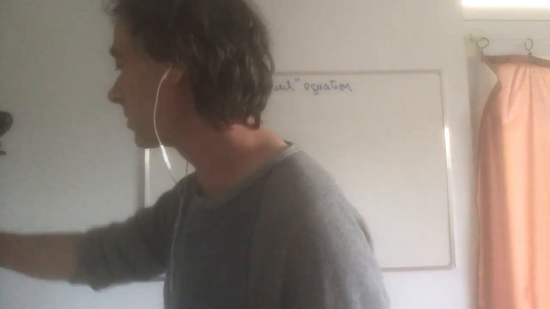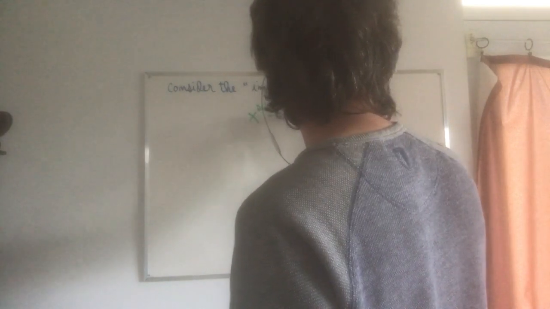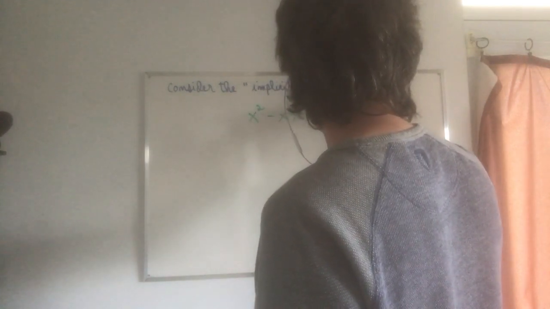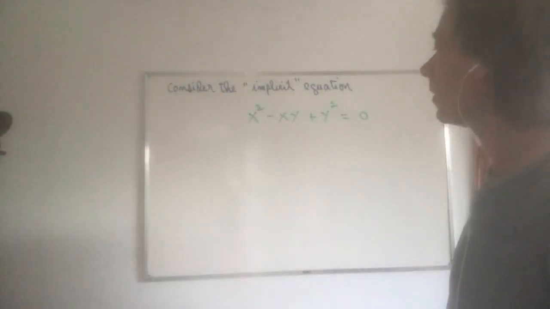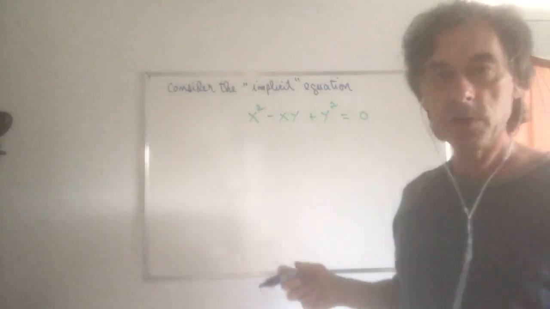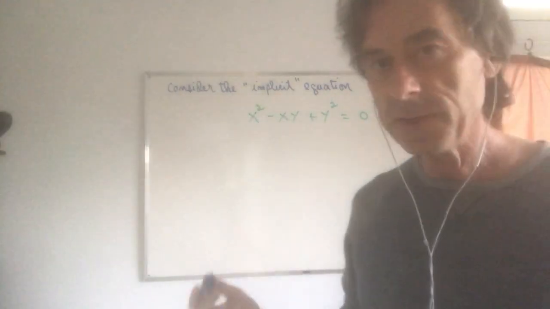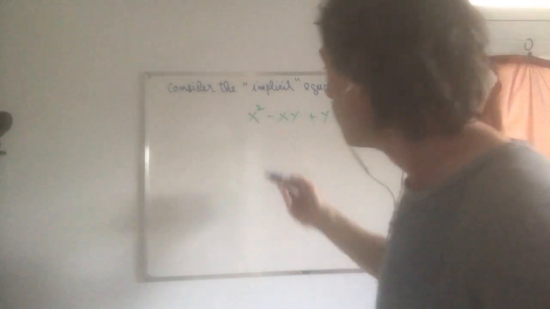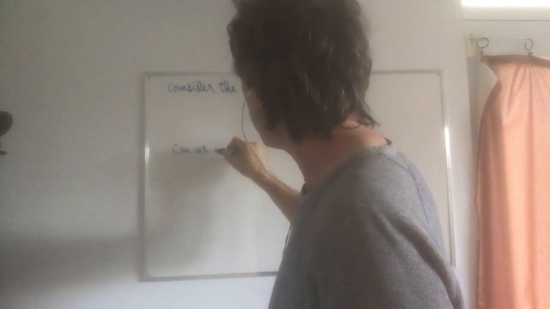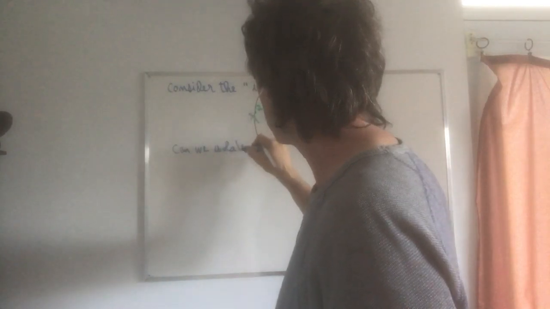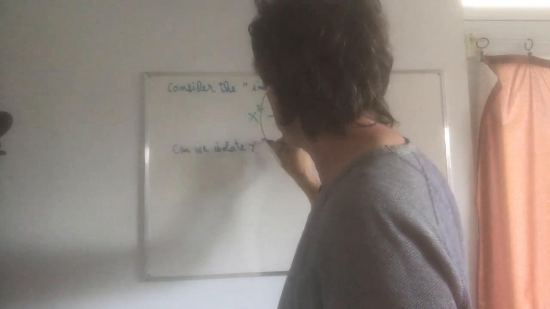Let's change colors. x squared minus xy plus y squared equal to 0. Okay, so as we mentioned, this equation has both some x's and some y's in it. So can we isolate y? Let's try.